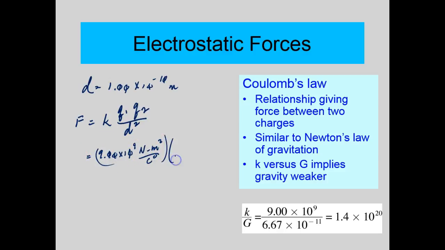And we multiply that by the charge on the electron. Anyone remember what that was? Okay, 1.60 times 10 to the minus 19 coulombs. Charge on a proton, same thing. 1.60 times 10 to the minus 19 coulombs. Divided by D squared. Well, your D is 1.00.